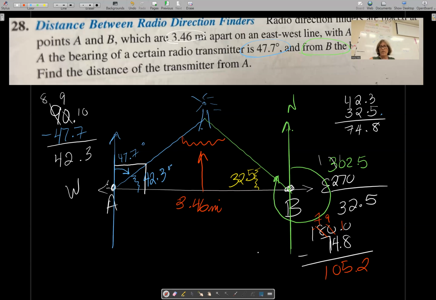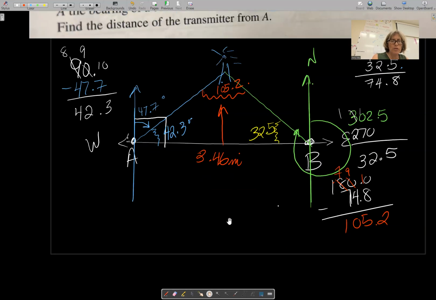And we get 105.2 here. 105.2. Okay, we are ready to do law of sines.